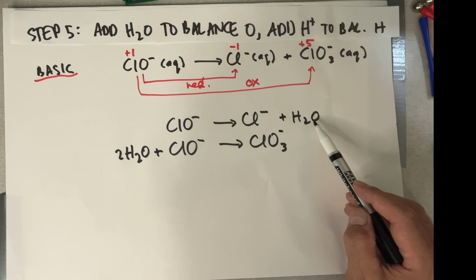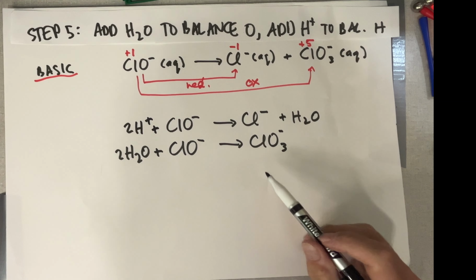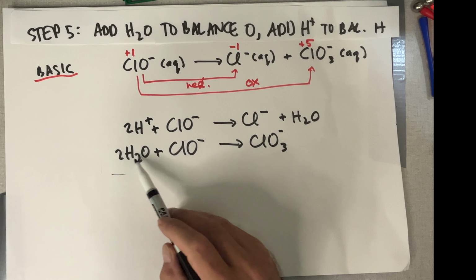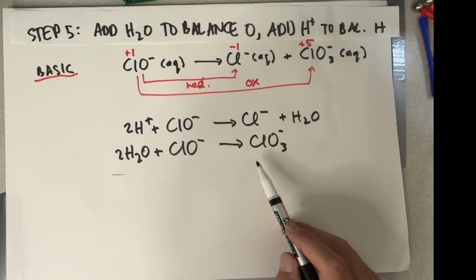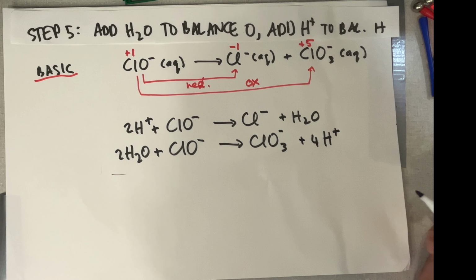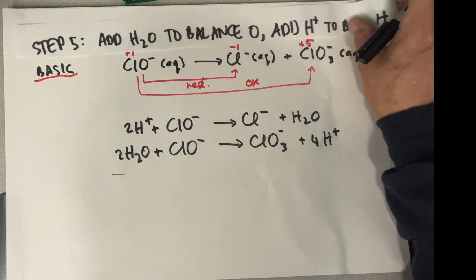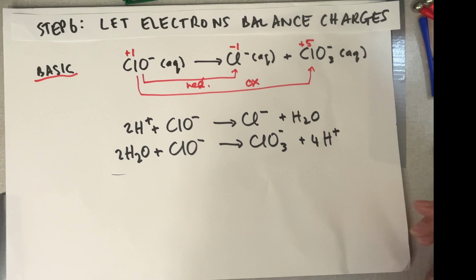On this side we have 2 hydrogens, so it means here we need 2 H pluses. And on this side we have 4 hydrogens, 2 times 2, 4 hydrogens, so it means on this side we require 4 H pluses. And now we've balanced all the non-hydrogen and oxygen atoms, and all the hydrogen and oxygen atoms. So then we can move on to the next step.